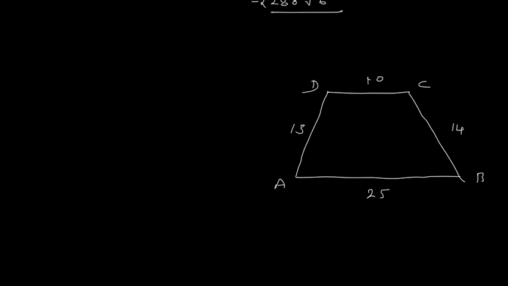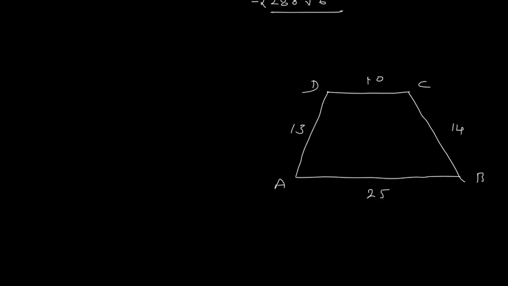So how to calculate the area of this trapezium? We know Heron's formula by which we can find the area of a triangle. For a trapezium also we know the formula, but for that we should know the height. So either I find the height, or I divide this into suitable parts.